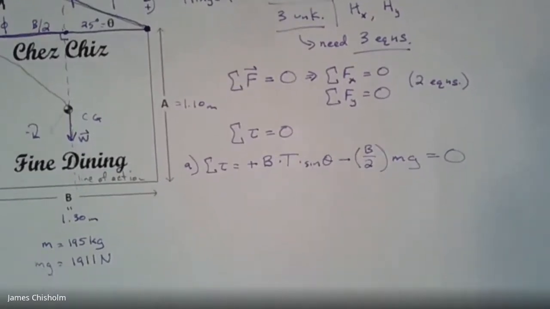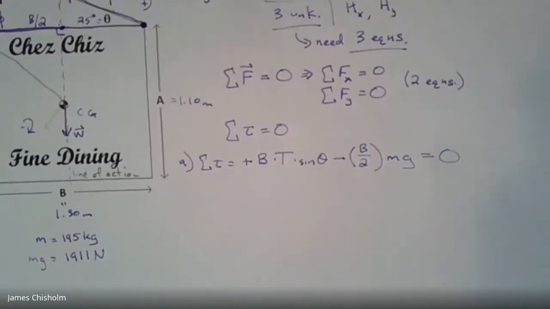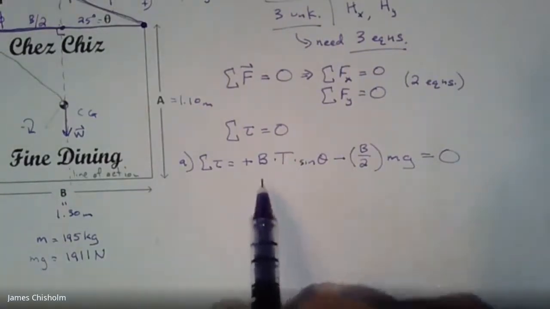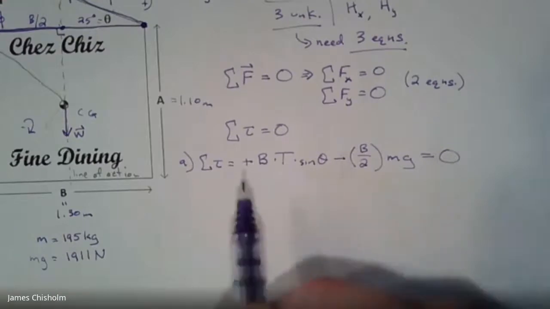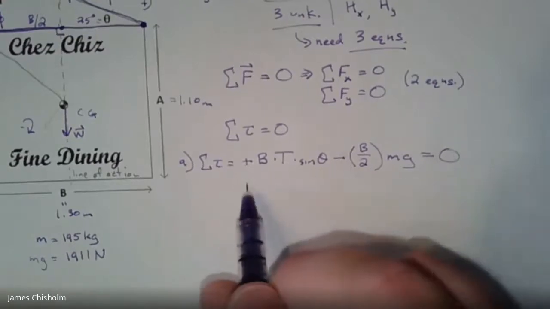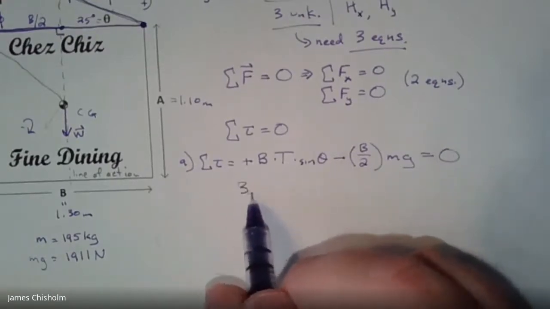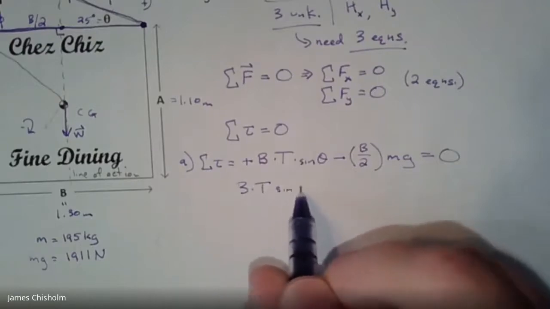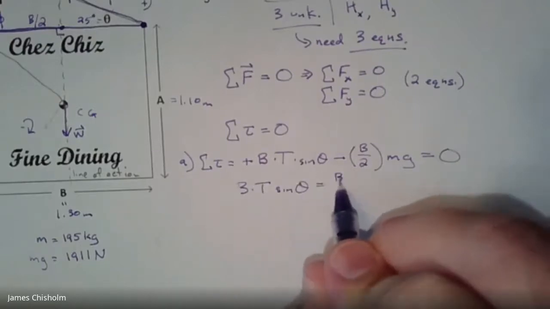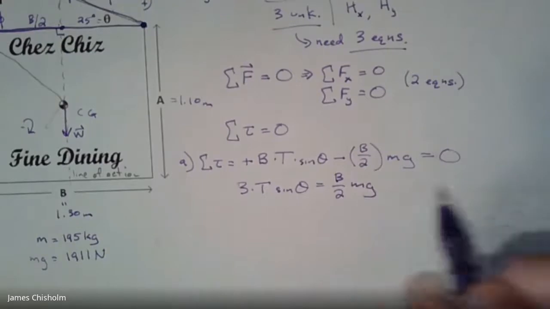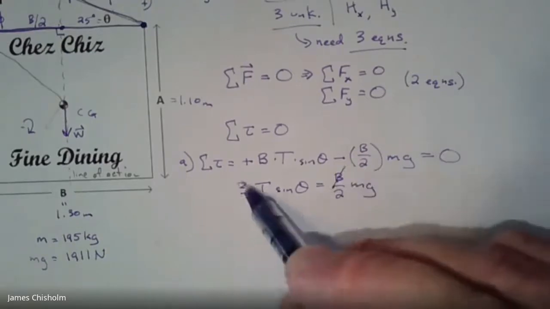And here is why I like to do things in terms of variables, because if we just start plugging in numbers, we'll get an answer, but we won't necessarily notice some things that might become important later. So for example, if I'm trying to solve for my tension, I can move that to the other side, it becomes positive. So I have b times T times the sine of theta is equal to b over 2 times mg. And you'll notice already I have b on both sides.